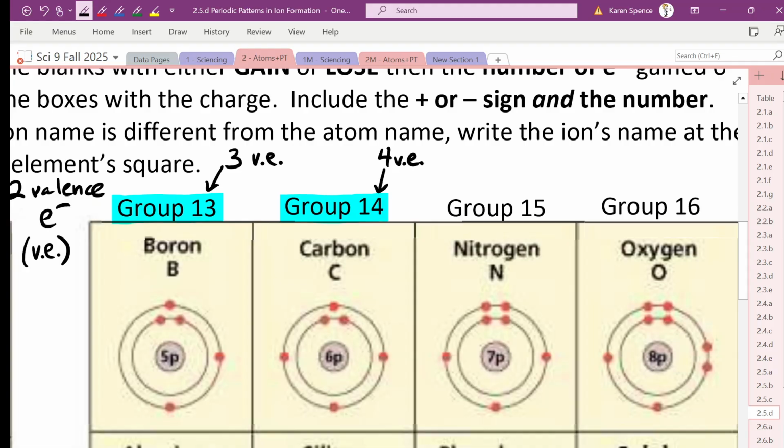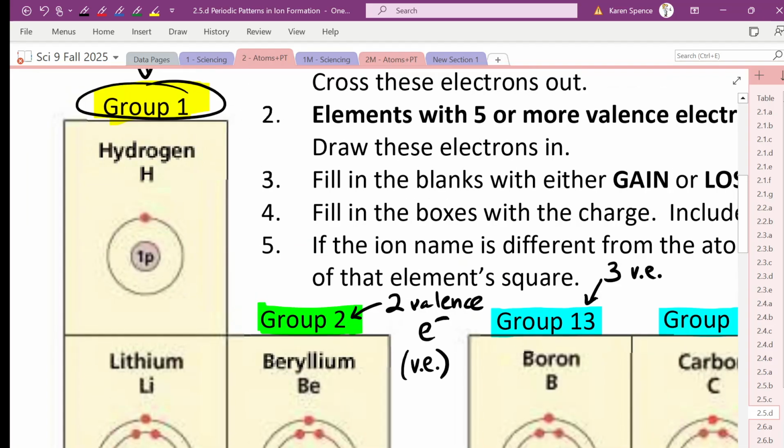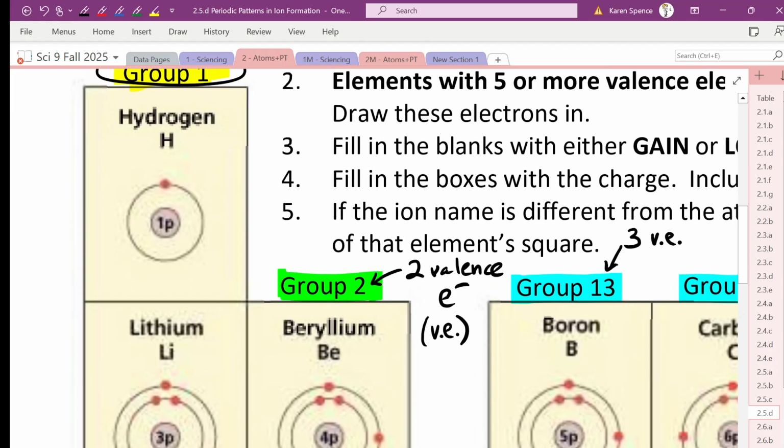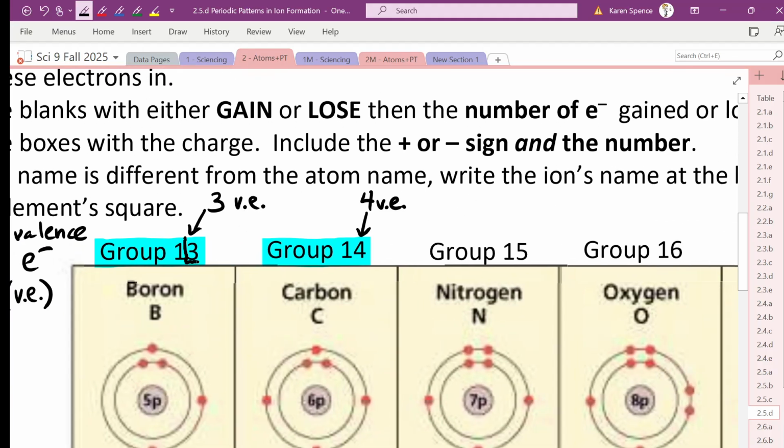Now, I want you guys to notice, in terms of making it easy to remember, group 1 has 1 valence electron. Group 2 has 2 valence electrons. Group 13, if you ignore that 1, you've got a 3. They have 3 valence electrons. Group 14 has 4 valence electrons.